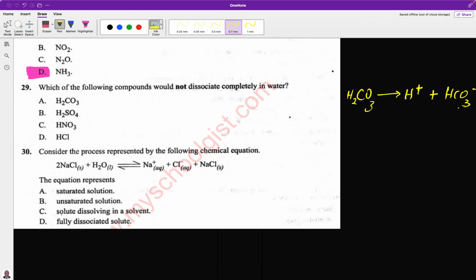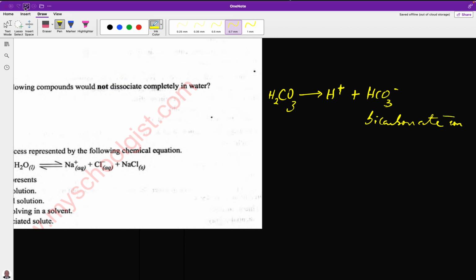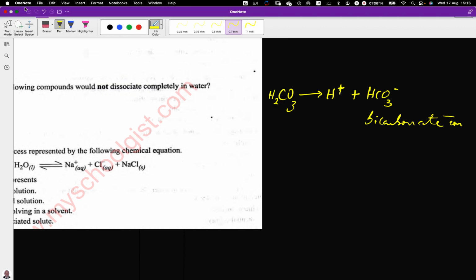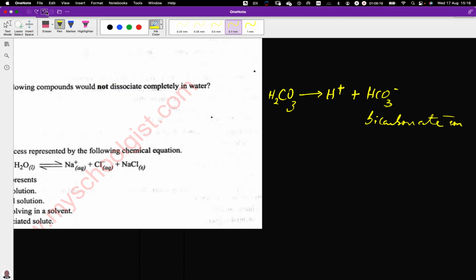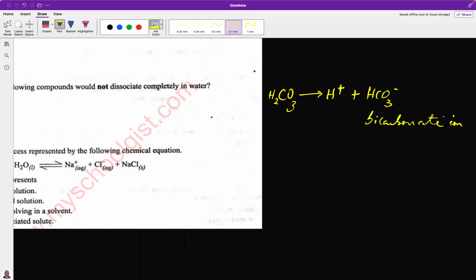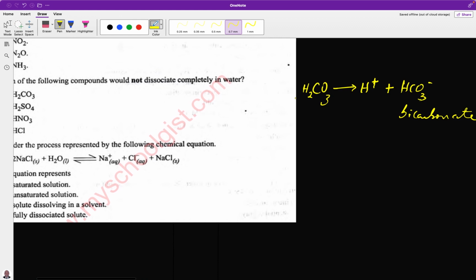This is a bicarbonate ion. So when H2CO3 dissociates, it's going to give a hydrogen ion and a bicarbonate ion.